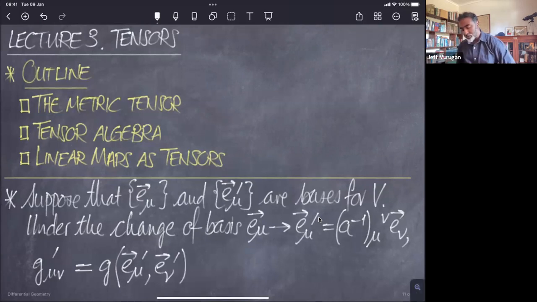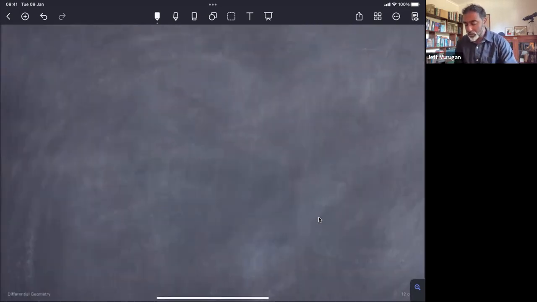In other words, I have this bilinear form, and when it acts on the basis vectors mu and nu, it produces components G mu nu. And when I made the change of basis from E mu to E mu prime, G acts on E mu prime, E nu prime to give me G mu nu prime. Okay.